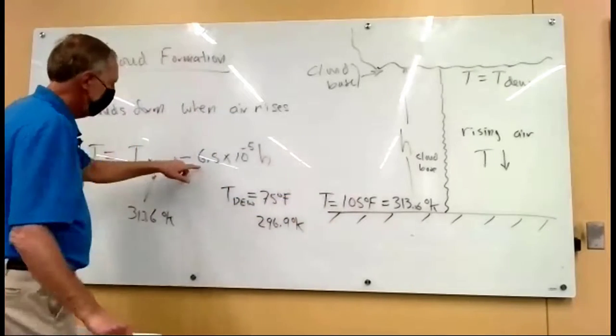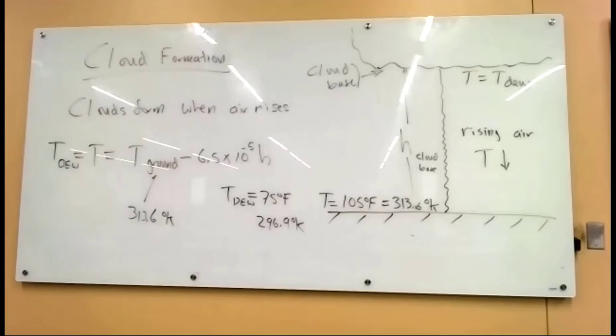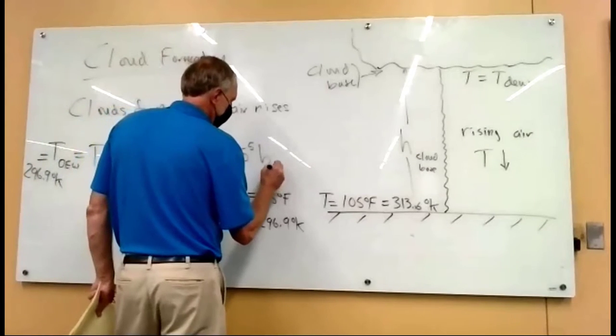But the slope here is still valid. That's how the atmosphere behaves. And so this is for this high temperature atmospheric condition. And then we're going to set the dew point as 296. And so we can calculate the H, that's the cloud base.